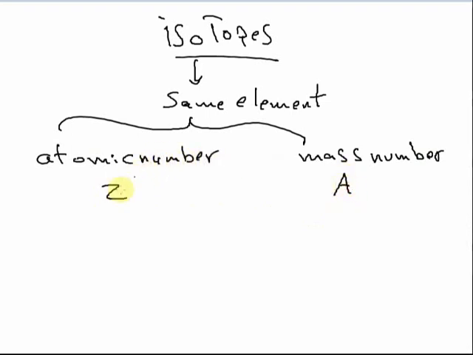So if we have an example, carbon-12 and carbon-14, these are isotopes of the carbon element. They are equal in the atomic number, so the number of protons here equals 6 and the number of electrons equals 6, but they differ in the number of neutrons.